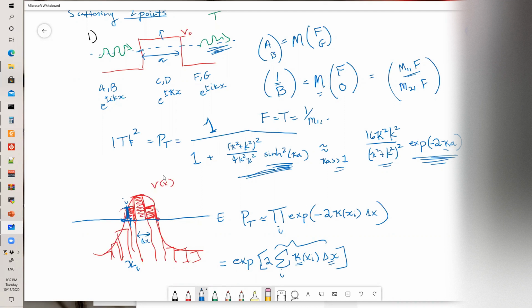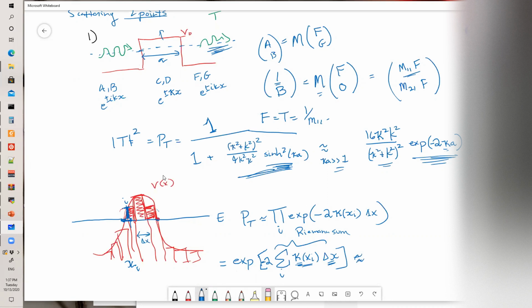And this is the size of the little rectangles. And so if you think about it, the height of the function times the little width of the rectangle is just a Riemann sum for an integral. It's a discrete approximation to an integral. So as you make all of these rectangles numerous, you add, oh, I forgot a little minus sign.